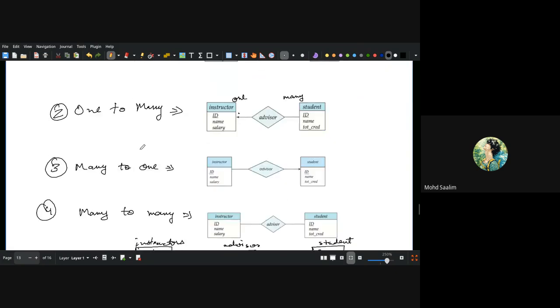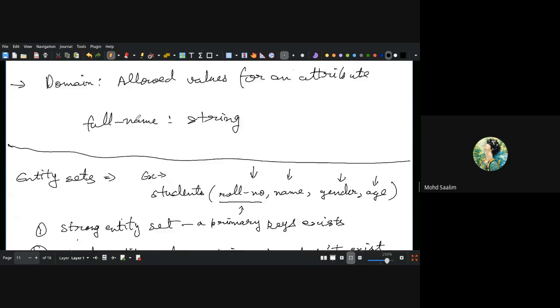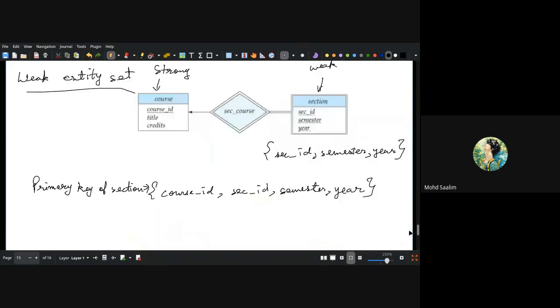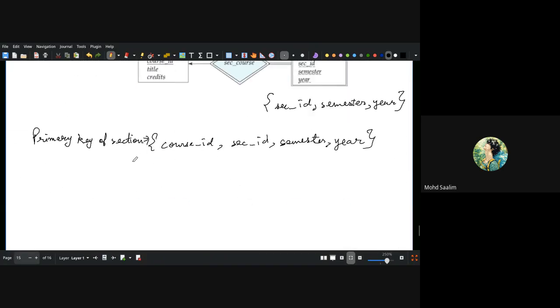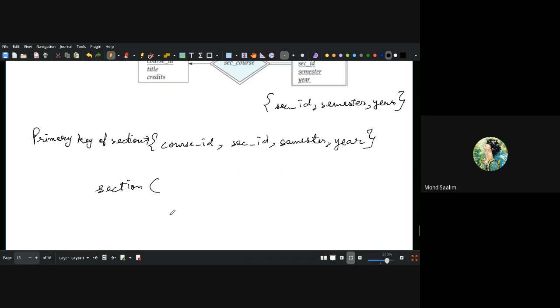One important thing is how you define entity sets. You give the name, and in the parentheses you give all the attributes, and you underline the primary key. This is how you define an entity set, right? When you want to define a weak entity set, you do it something like this. You give the name, which is section here, and then all the attributes.